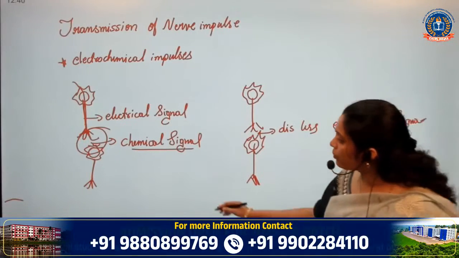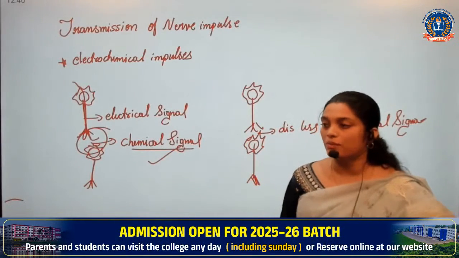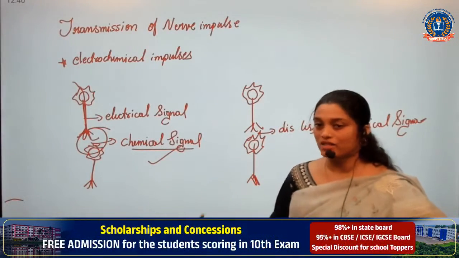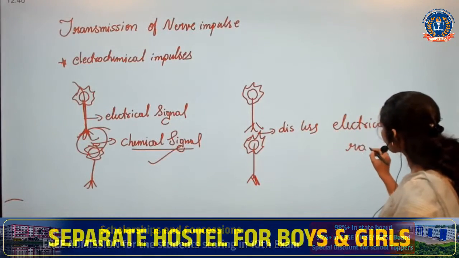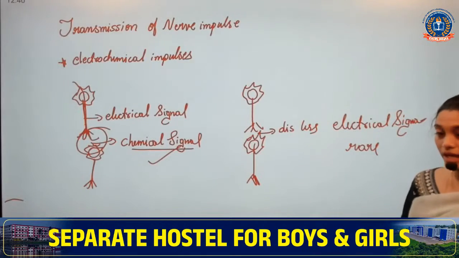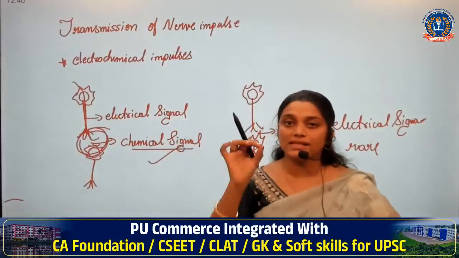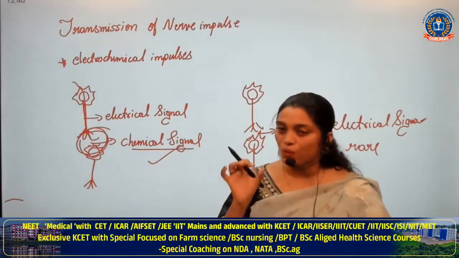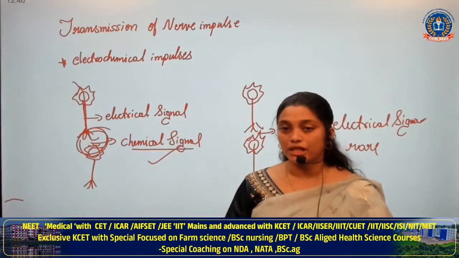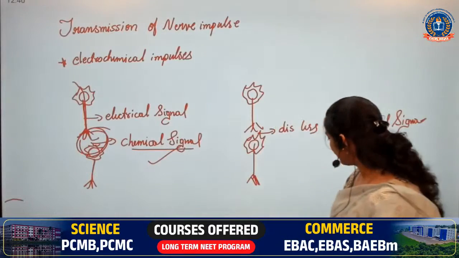In our body, most of the time the transmission of impulses is in the form of chemical signal, and the electrical signal is very rare. Now I'll explain what exactly is happening over here, how the electrical signal is transmitted into chemical signal, what happens in the axon terminal region, what is meant by synapse, everything we'll look into now.